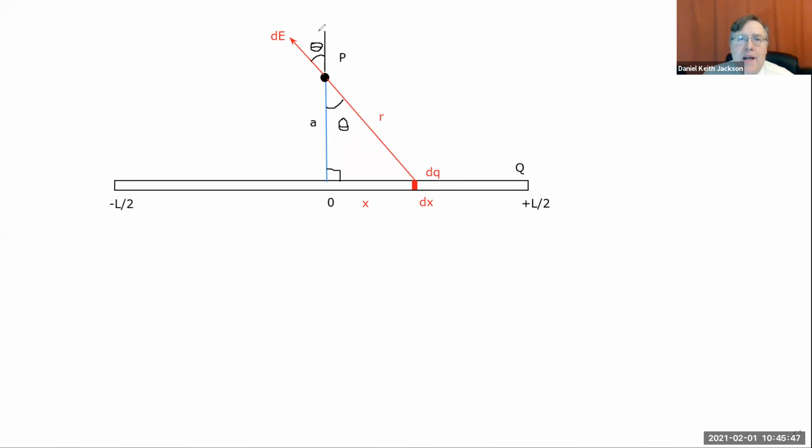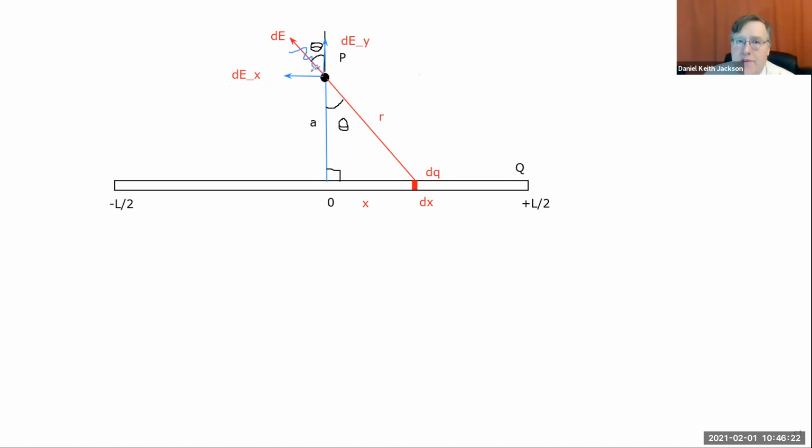And as a result of that, I can now separate my dE into 2 components. I can make this one my dEx, and I'll have this one to be my dEy, which means I can now essentially erase that original dE.